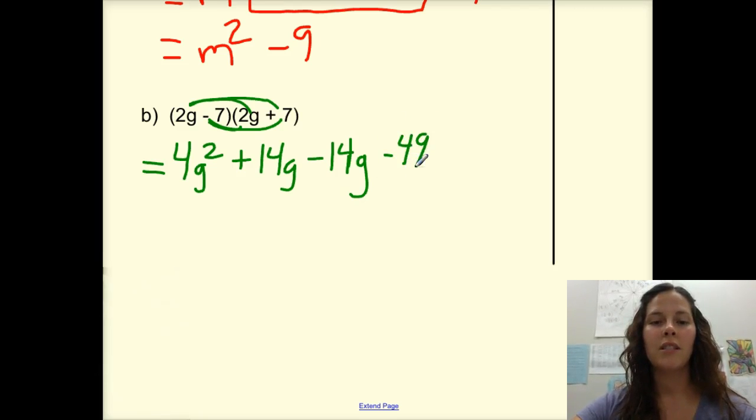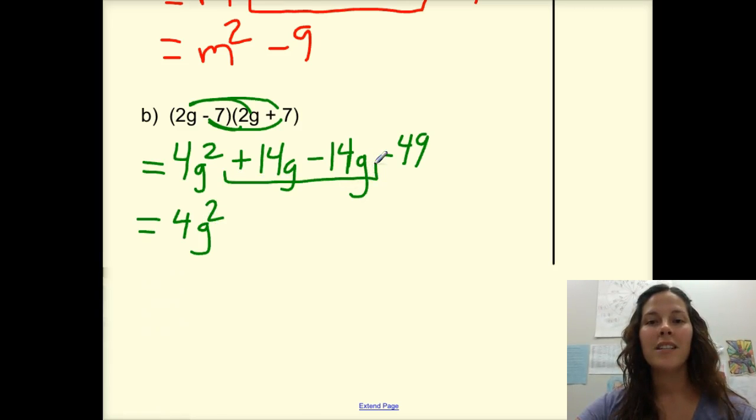Combining our like terms and simplifying this further, our first term is not a like term because that has a square, and the other two terms have regular g's. Once again, these cancel. Positive 14g minus 14g adds to 0, which means we don't have to write that result, and the minus 49.